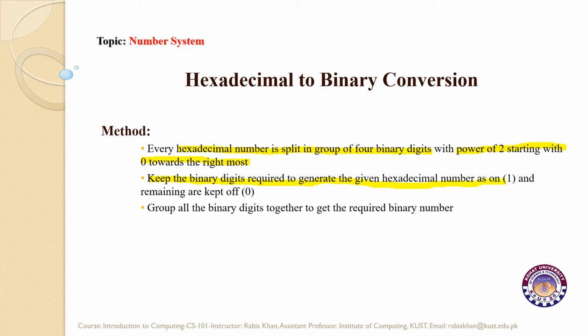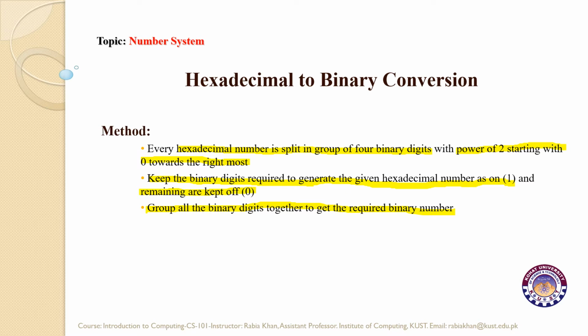That means you have to keep that number as 1, and the remaining digits within the 4 binary digit group will remain off. That will ultimately generate a binary number. And at the end, we will group all the generated binary numbers. That will be a collection of zeros and ones, and that would be the required answer.